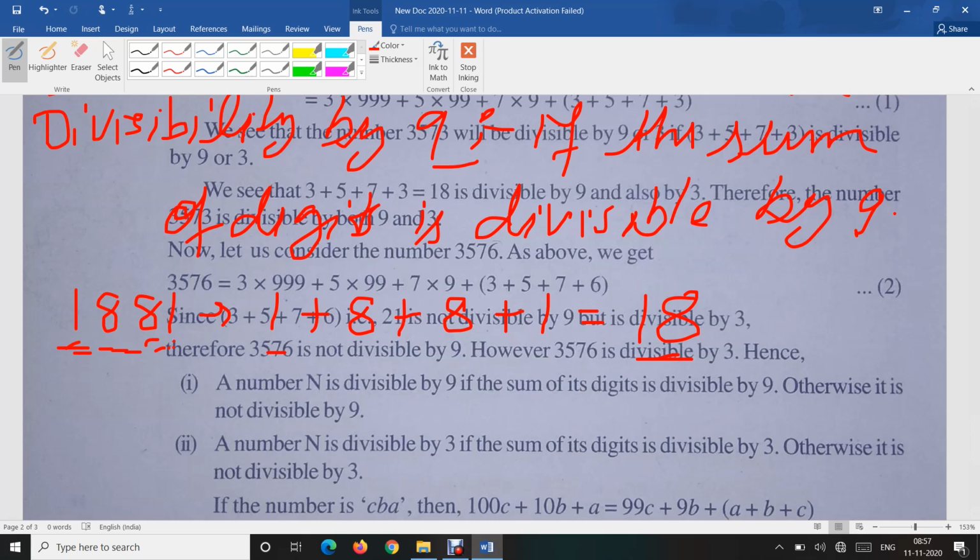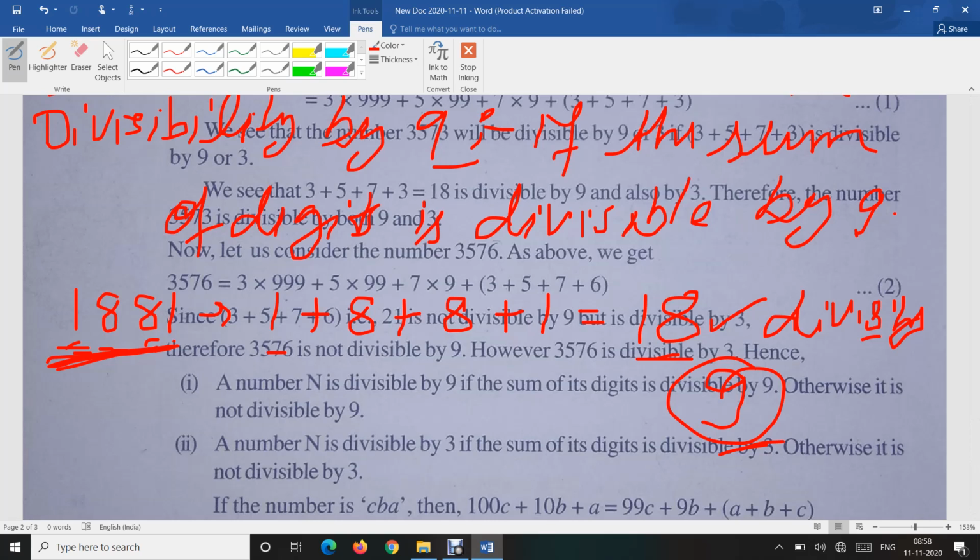That means the remainder will be 0. If this 18 is divisible by 9, then 1881 will also be divisible by 9. Okay, so divisibility by 9 and 3 is similar.